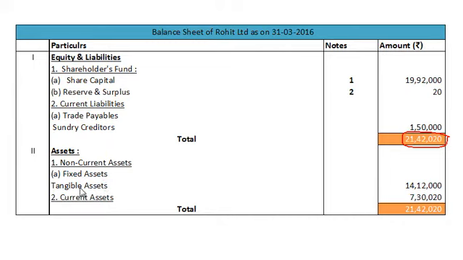Okay, and on the asset side we have non-current assets, fixed assets, tangible assets 14,12,000 as it is from the opening balance sheet, and current assets, note number 3, 7,30,020, and finally our asset side total amounts to 21,42,020. That's all. Dear students, in this particular sum we have worked out the necessary working and finally prepared the balance sheet.